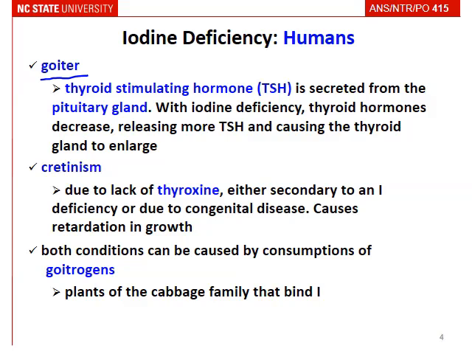When we have a need for thyroid hormone, thyroid stimulating hormone is secreted from the pituitary gland. And when we are deficient in iodine, our thyroid hormones decrease, and we end up releasing more of this thyroid stimulating hormone, causing the gland to enlarge.